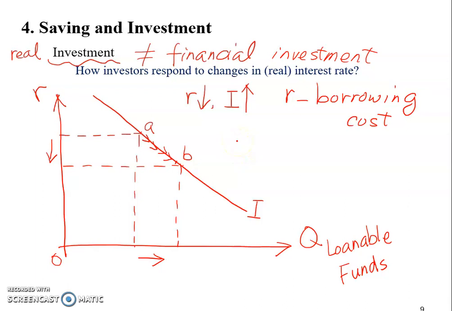We actually believe no matter whether the business has the cash at hand or not, the change in real interest rate will change its investment behaviors. Because here, let's check out the situation when a business has a lot of cash at hand. So, for example, let's say the interest rate goes up.